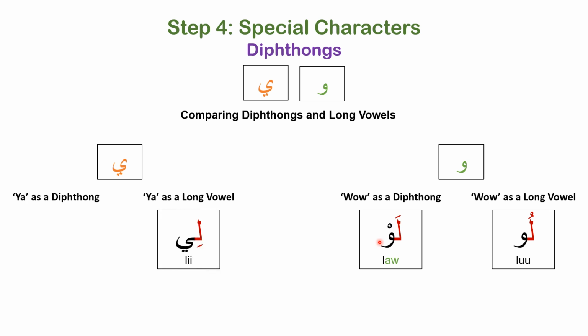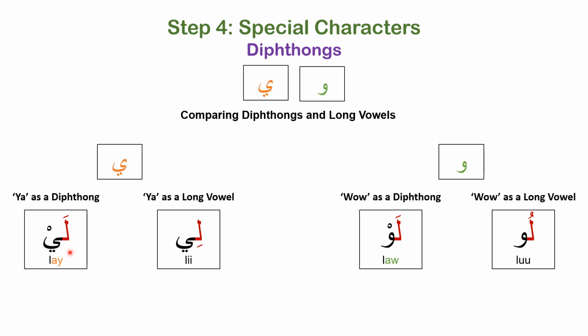And the same case applies to ya. Here we have lam kasra, which makes li, followed by its corresponding long vowel. So yes, there is a match, which means we just extend the pronunciation from li to lii. Here ya is a long vowel. But now it's not.